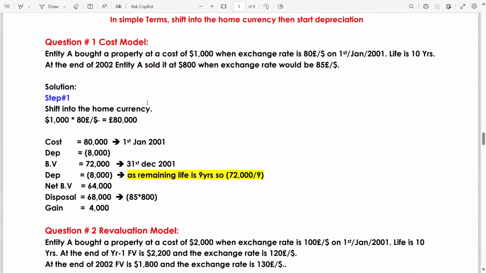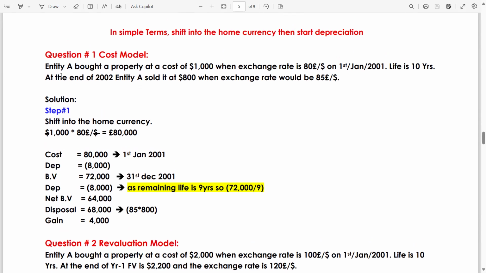Let's solve two questions on both models: cost model and revaluation model. Entity A bought a property at a cost of $1,000 when the exchange rate is £80 per dollar on 1st Jan 2001. Life is 10 years. At the end of 2002, Entity A sold it at 800 when the exchange rate was £85 per dollar.